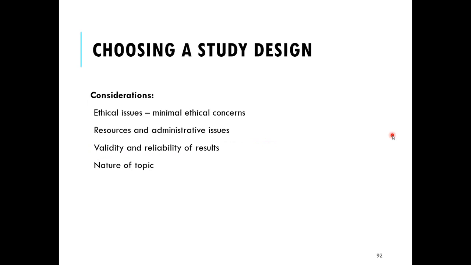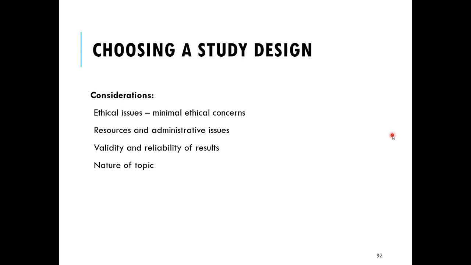Whenever we want to choose a study design, we should know that the ethical issues should be minimum. For example, if you have started with an experimental trial, and you see that it is producing more harm to the patients with a large number of side effects, you should stop that trial.